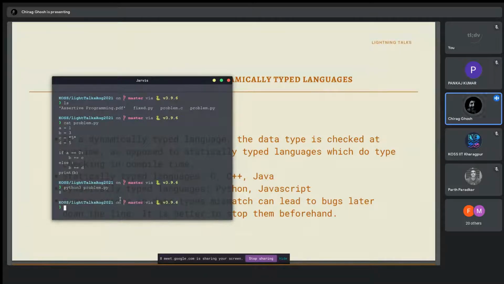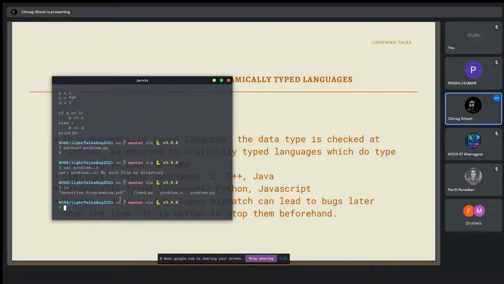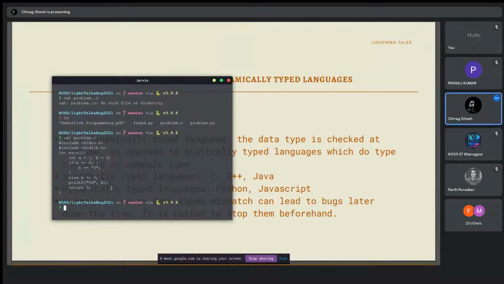As you can see, but I also have a C code. It is equivalent to it.